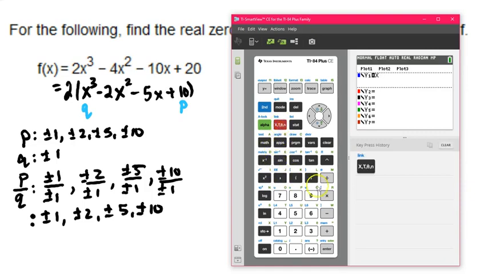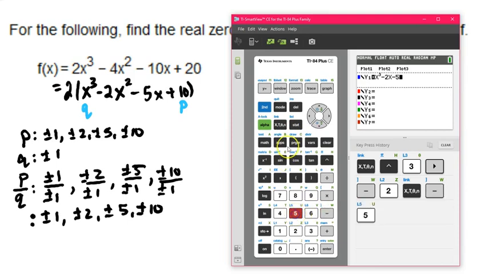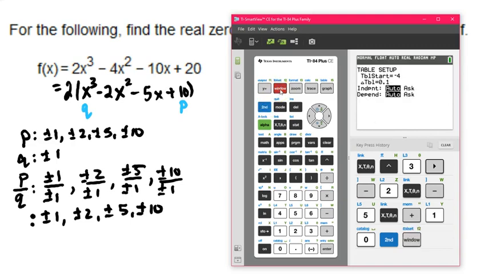We've got x cubed minus 2x squared minus 5x plus 10. And I'm going to go into table set, which is in blue above window, so I'll hit second window.